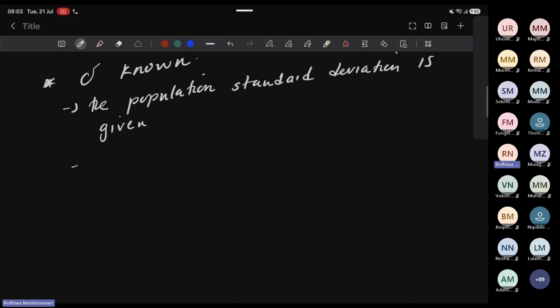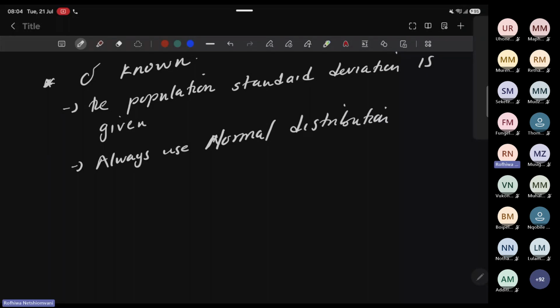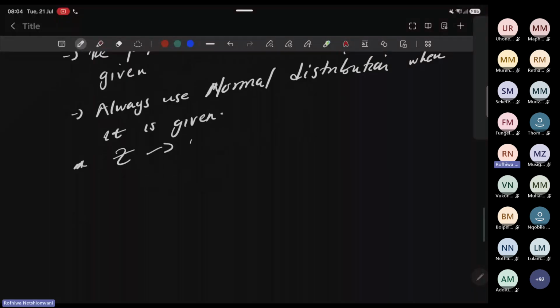And then what does that mean? Then it means that we always use normal distribution when it is given. Normal distribution then means that it's a Z. So Z will always stand for normal distribution.